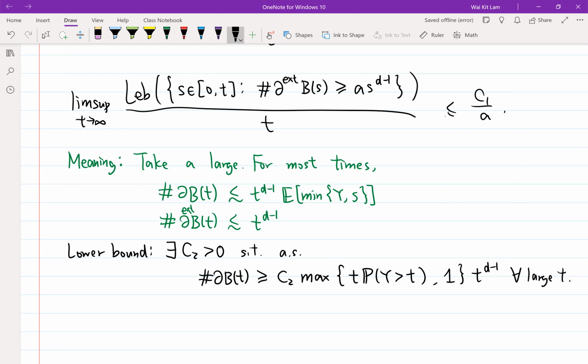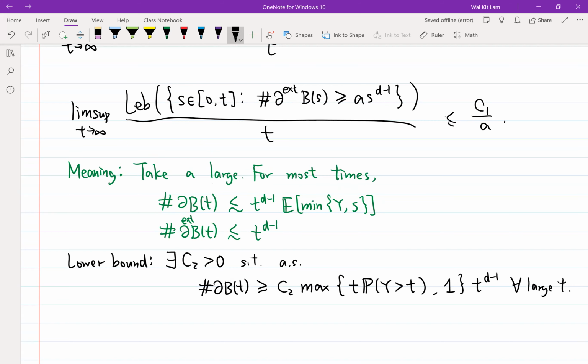So the lower bound is essentially t to the d minus 1 times some factor. So this holds for all large t.